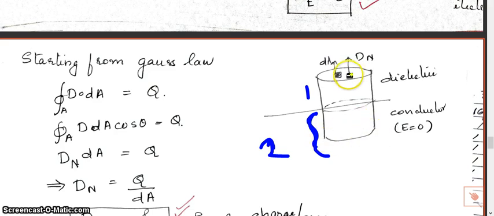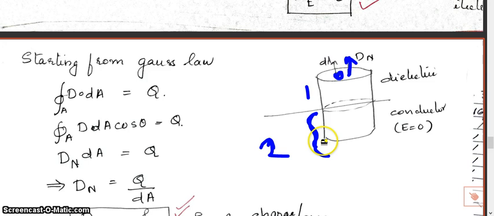In the first medium, the cylinder will have electric field lines, hence Dn will be perpendicular to the surface, and if we choose a small area dA, it will also be perpendicular to the surface.